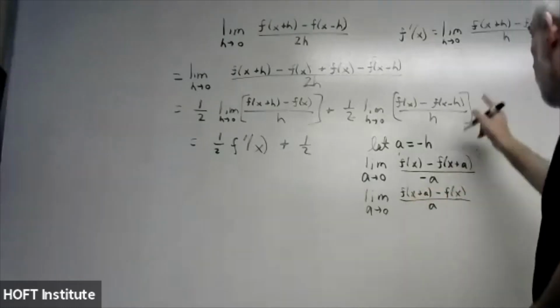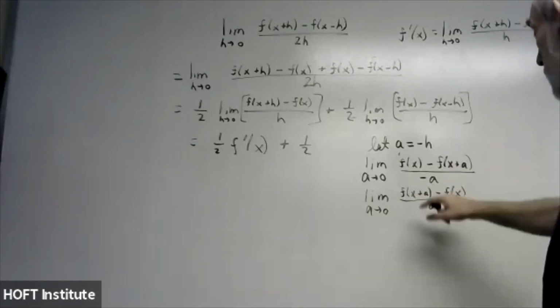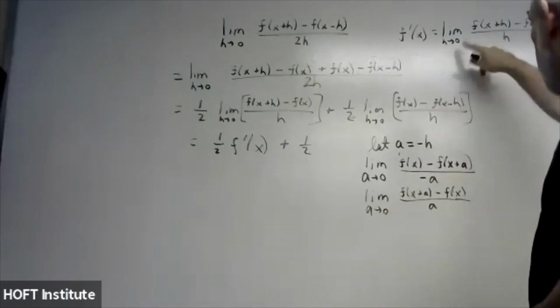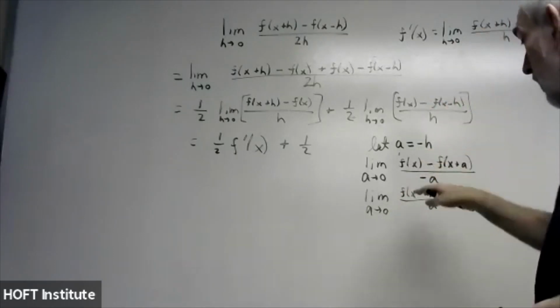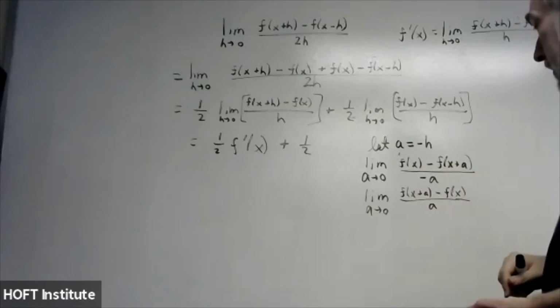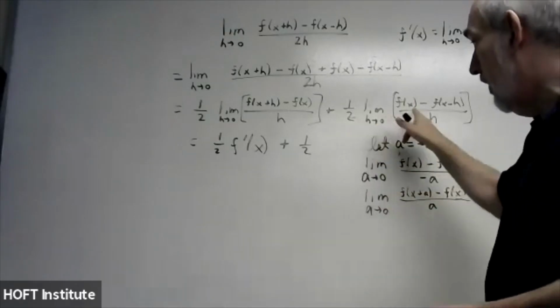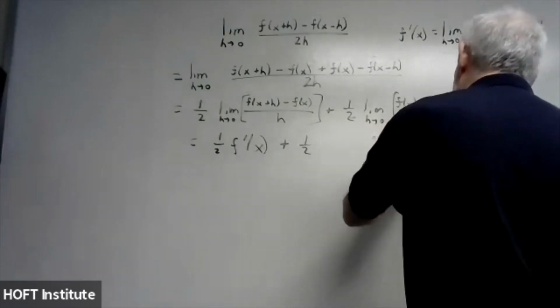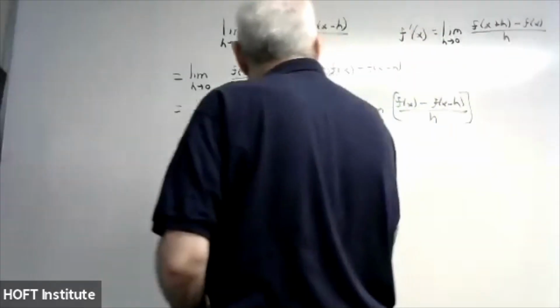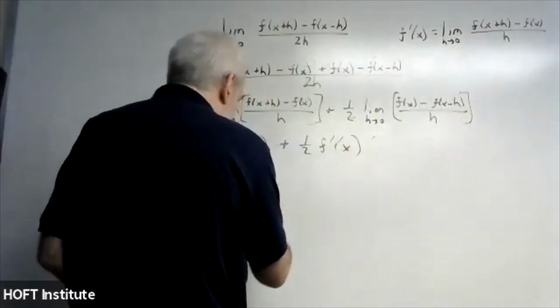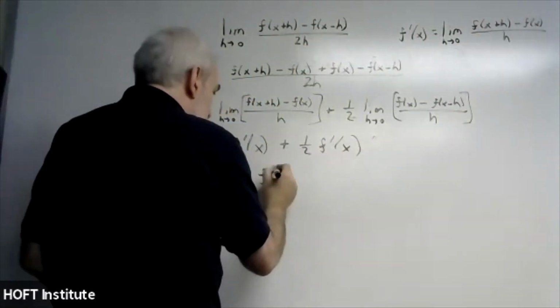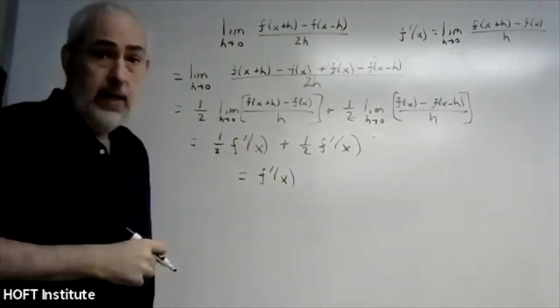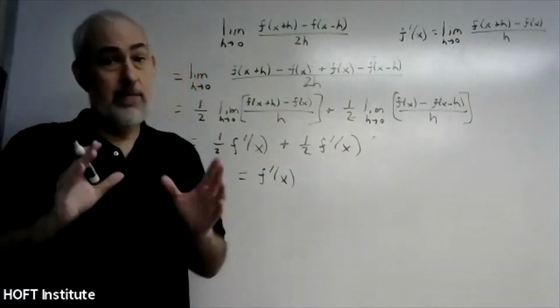And then this looks exactly like the derivative, just using the letter a instead of the letter h. So it's still going to be the derivative of f of x. Therefore, this is a half of the derivative of f of x.